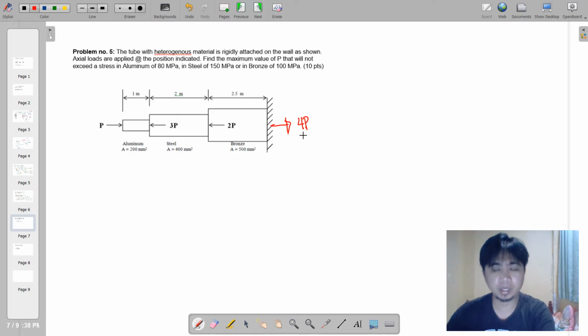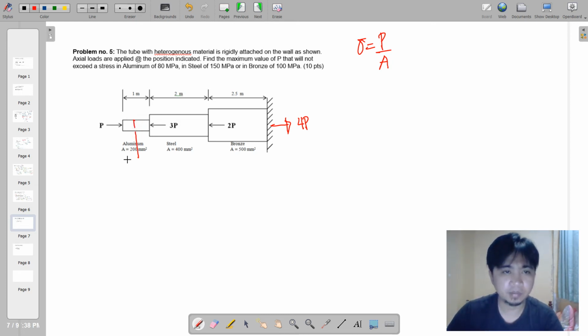Okay, so we'll have a reaction 4P here in order to have a balance in the system. So what we do is to determine the actual forces on each of these materials and then apply the formula sigma is equal to P over A, considering all of the allowables on those materials. So we are going to have here bisection method.